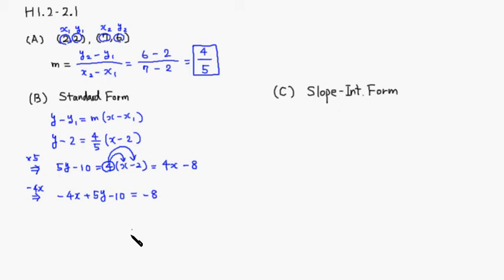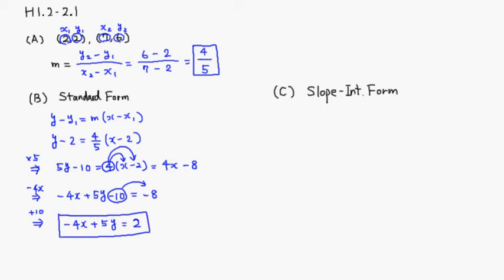Last step is we need to move negative 10 over to the other side. We can do that by adding 10 to both sides. This way we will have negative 4x plus 5y is equal to negative 8 plus 10, which is just positive 2. So this is the equation of the line we're looking for in standard form.